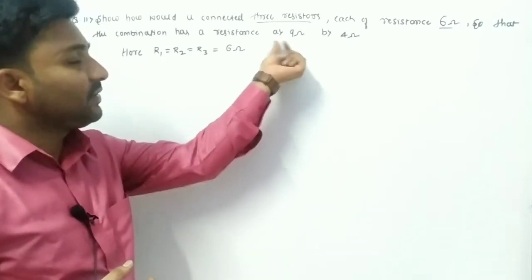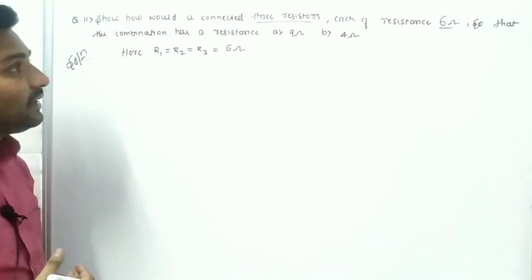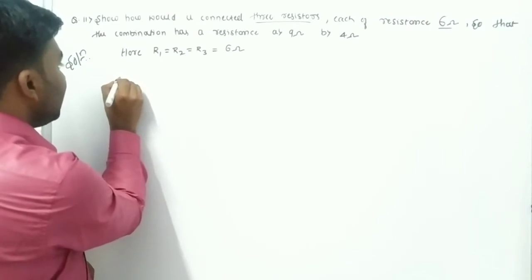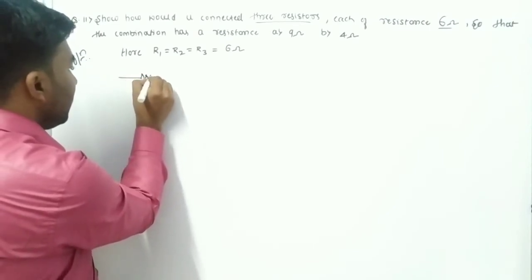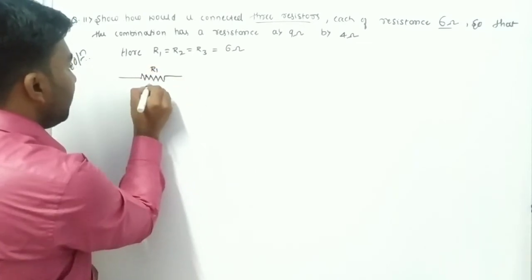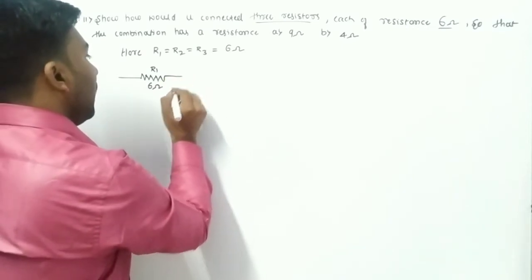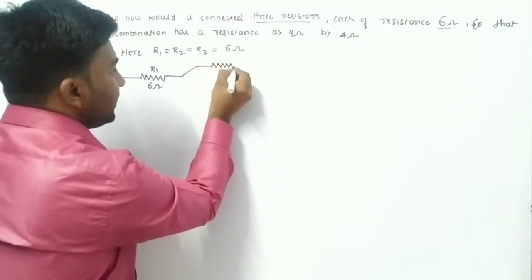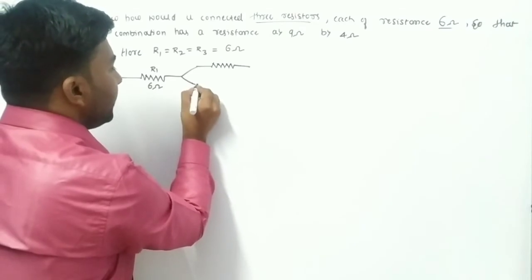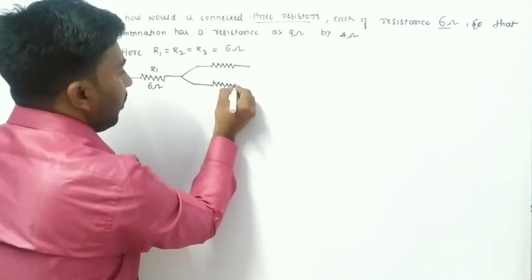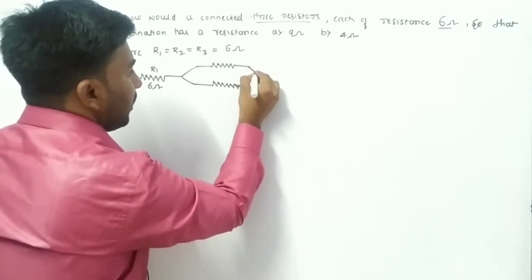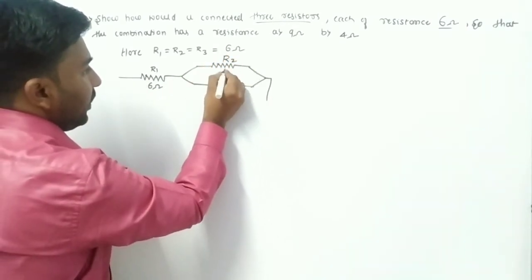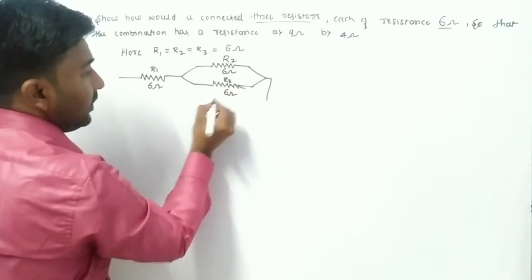Let's find out for the first case, 9 ohm, how to connect them. Here I will connect R1, which has 6 ohm resistance, with the parallel combination of R2 and R3. R2 is 6 ohm, R3 is also 6 ohm.